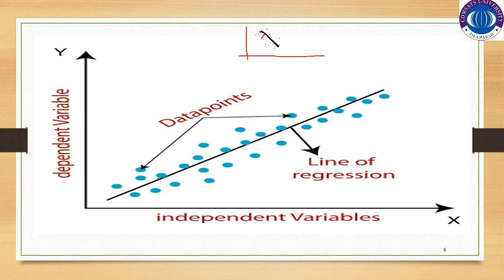So here it is the increasing trend and now here this is the decreasing trend. So this is the way to capture the behavior of the data points by using the trend line, and this is the line of regression.